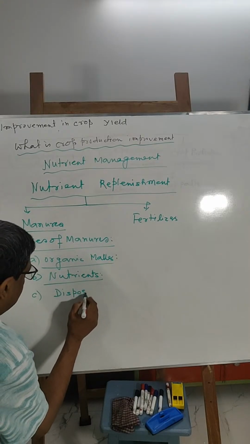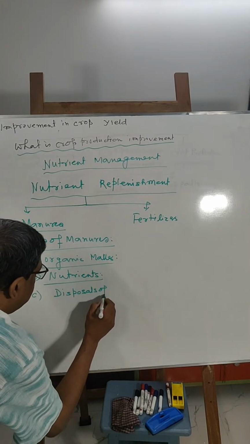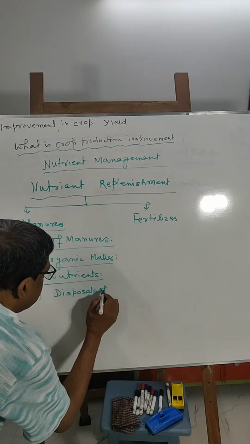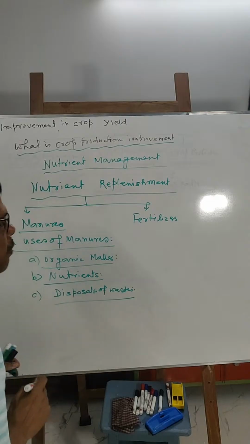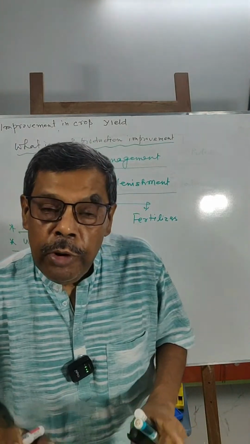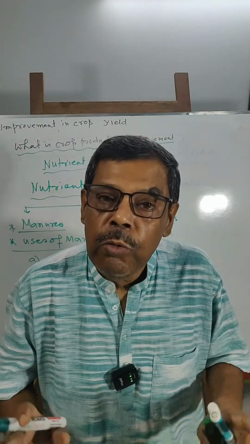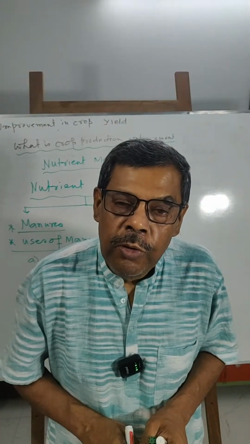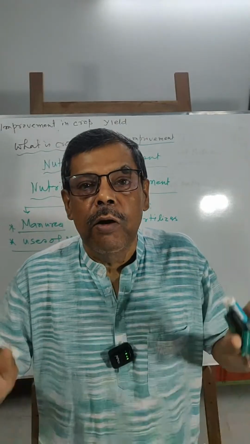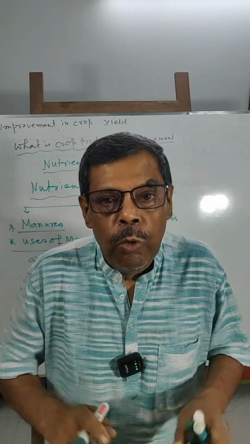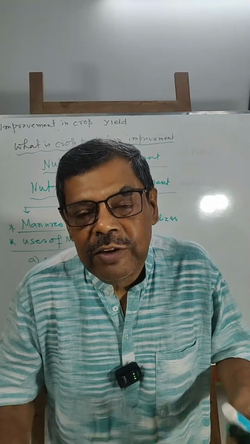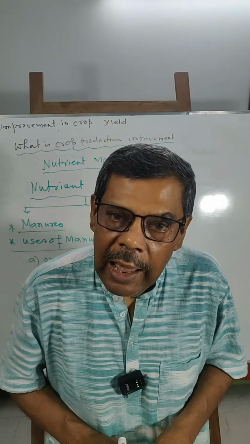Next, C, disposal of waste. Manures are produced from waste products. So by the manufacturing of manures, waste is disposed of from the world.